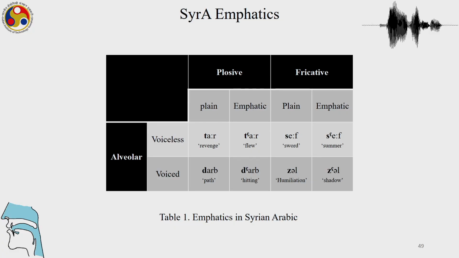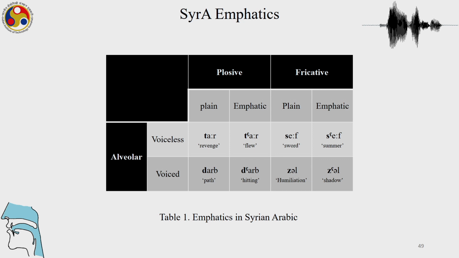Let us look at another group of sounds which are found in some languages. So, here we have Syrian Arabic. So, in some varieties of Arabic, we find differences in the way obstruents are produced, and these are called emphatics. So, what are emphatics?